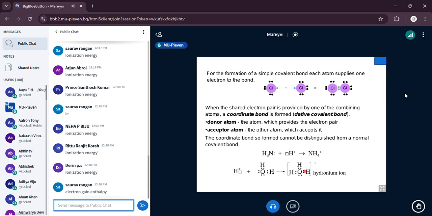So looking at this structure, we cannot say which one of these bonds arises as a dative type or as a coordinate bond. We'll pay special attention to coordinate bonding, especially when we study coordination compounds.